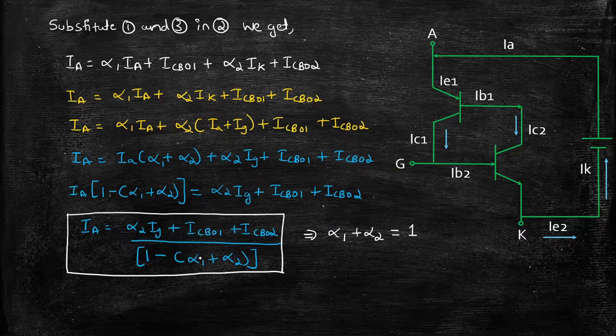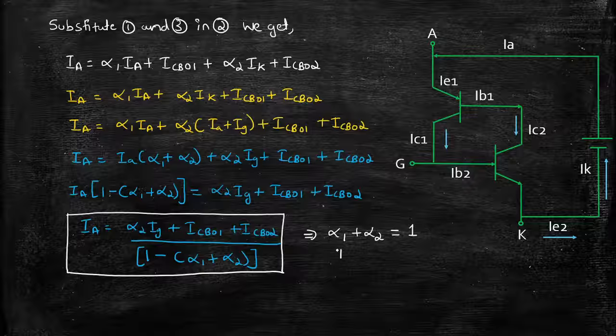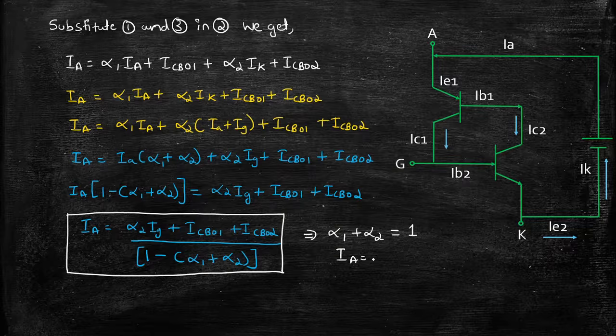This entire term will be equal to 0, and when the denominator is equal to 0, the entire expression will be equal to infinity. That is, IA will be equal to infinity ideally. That means practically it will be a very high value, isn't it? Whenever it is a very high value, we need to ensure that this value does not exceed a permissible limit. Otherwise the device might be damaged, isn't it?